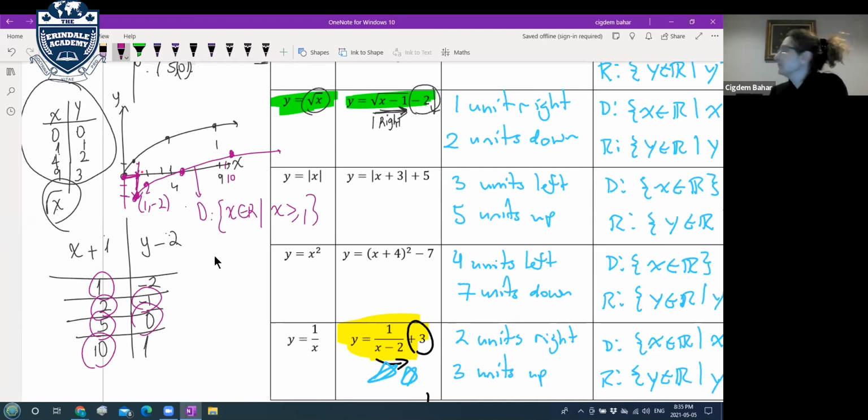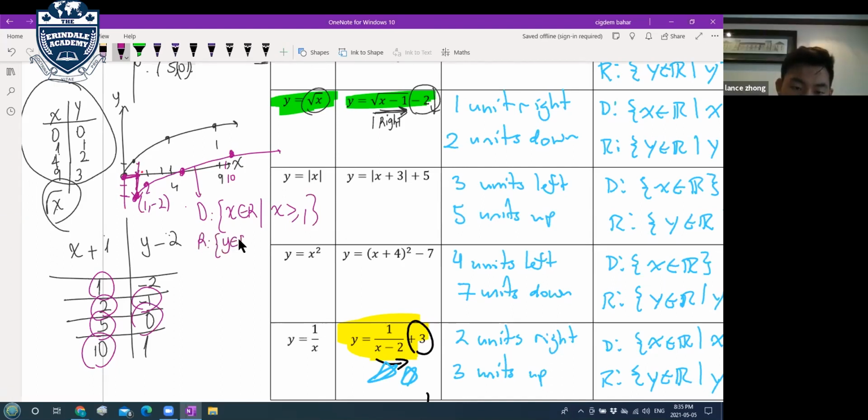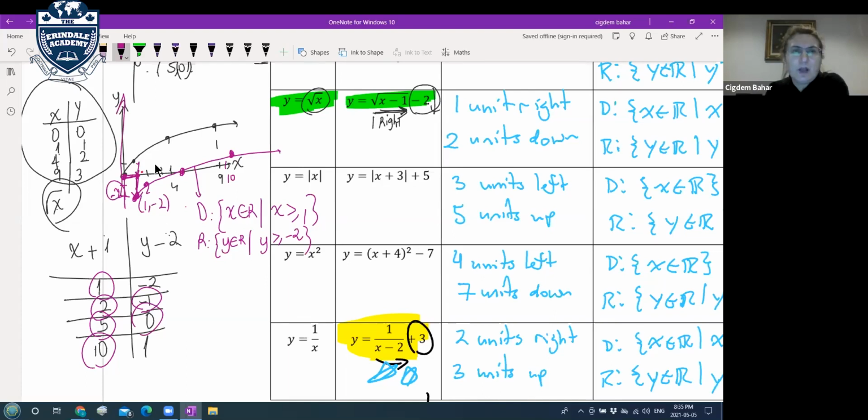Range? y belongs to the real numbers and y is greater than or equal to negative 2, because it starts from negative 2 and goes up. So when you transform, your domain and range are also changing. Any questions?